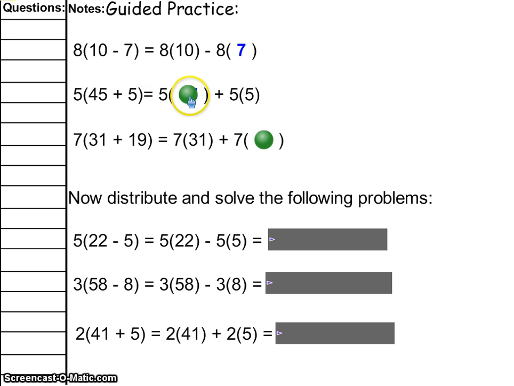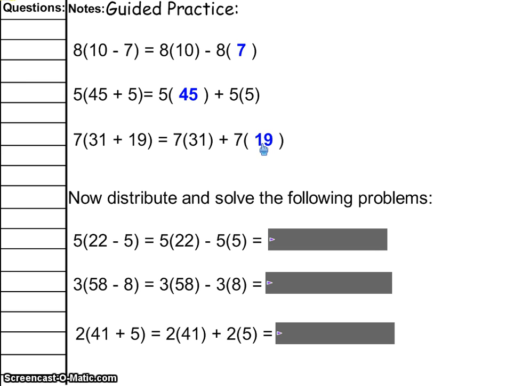So it's 5 times 45 plus 5 times 5. Here's another example. 7 times (31 plus 19), which equals 7 times 31 plus 7 times 19.